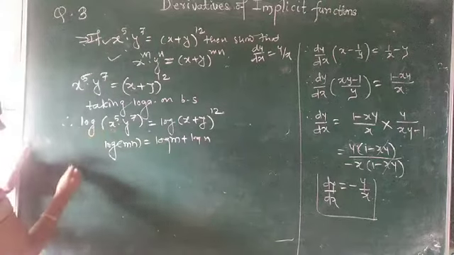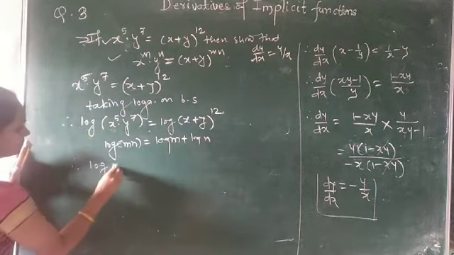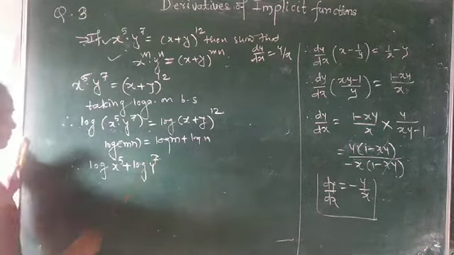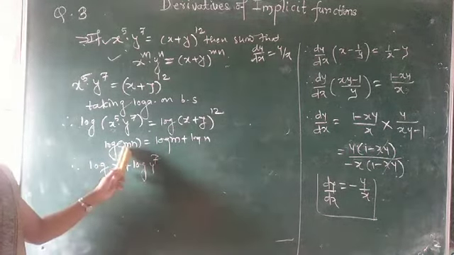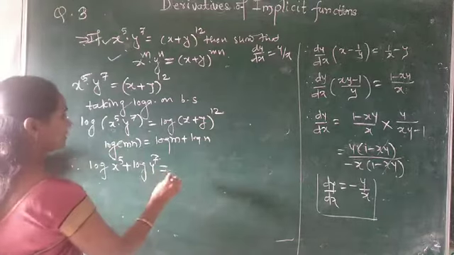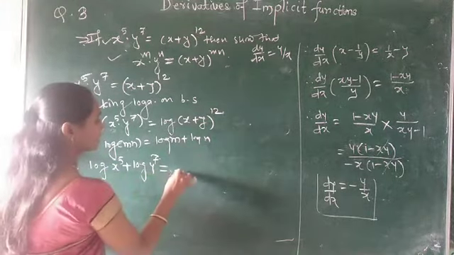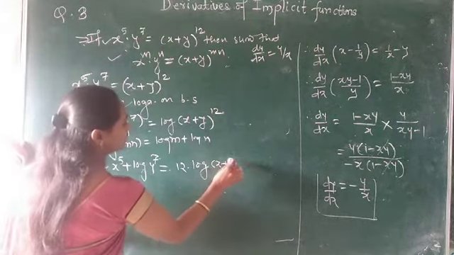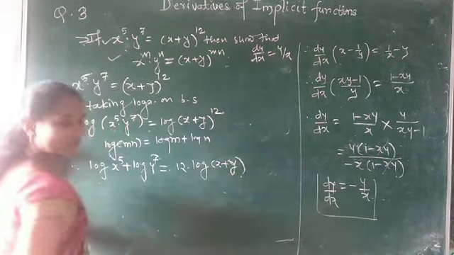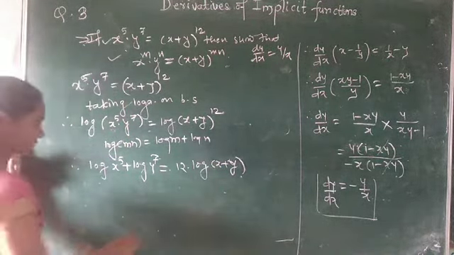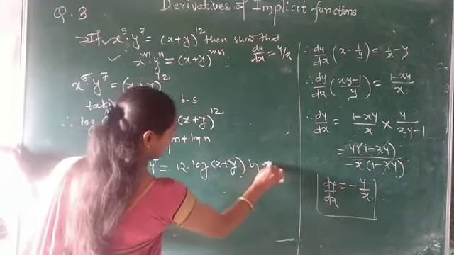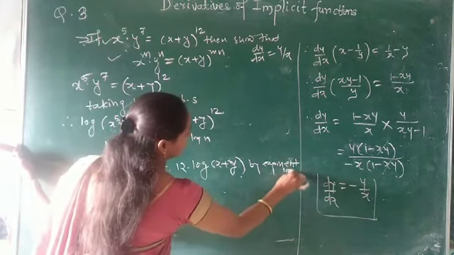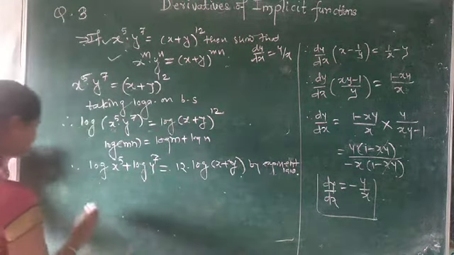Therefore we write this as log x raised to 5 plus log y raised to 7 by using the product law of logarithm, equal to, now by the exponent law of logarithm, 12 into log of x plus y.